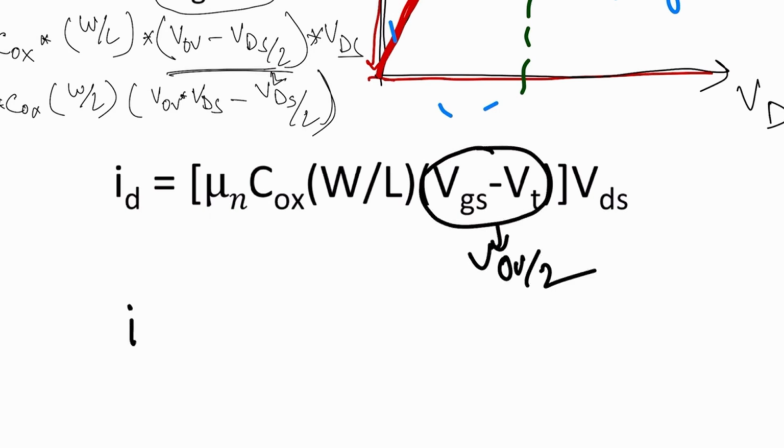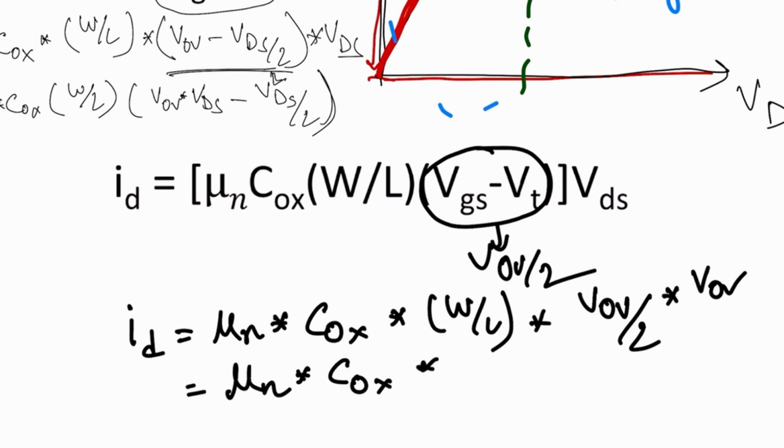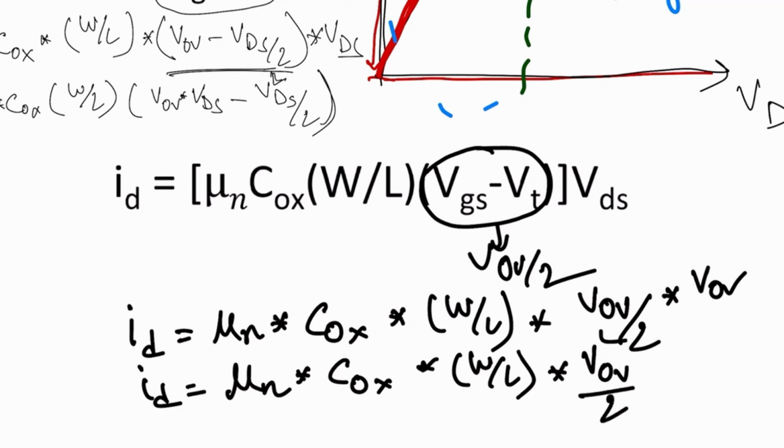So now the equation will be ID is equal to mu n COX multiplied by W by L, times VOV divided by 2, and VDS is equal to VOV as I already explained at the saturation region, so it will be VOV. So the final equation will be mu n COX W by L multiplied by VOV by 2 whole square.